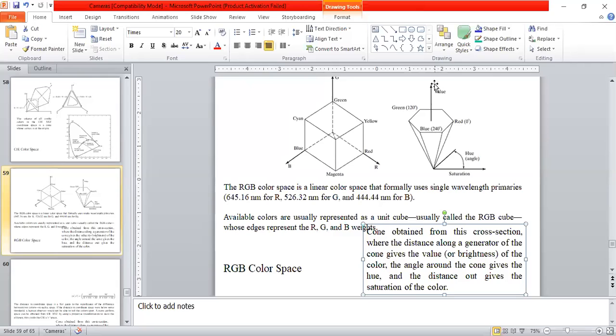So in that one, the distance along the generator is the value, and the angle around the cone is the hue. The distance out of the generator is where our saturation comes in, right? So now again I repeat, RGB different color values are represented within a three-dimensional cubical space. That's it.